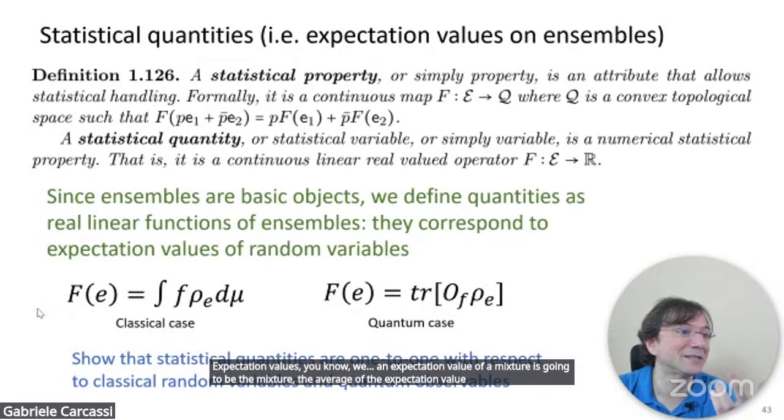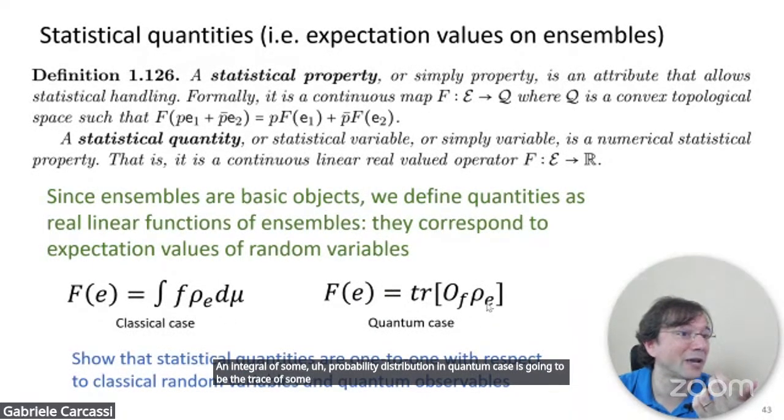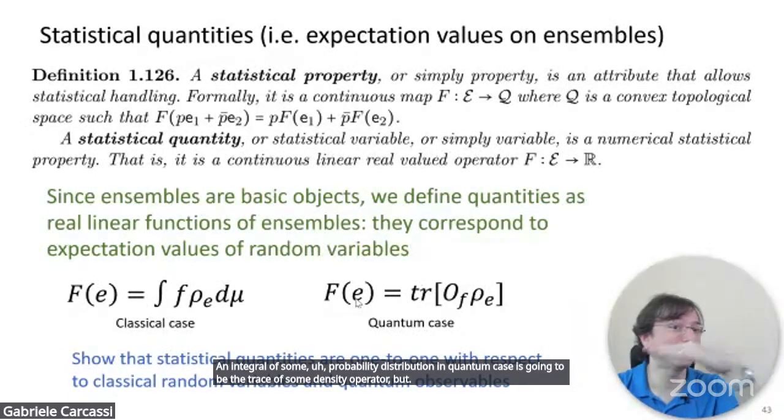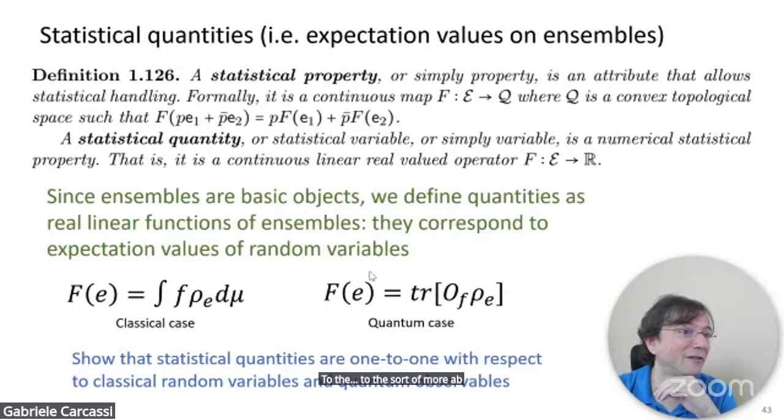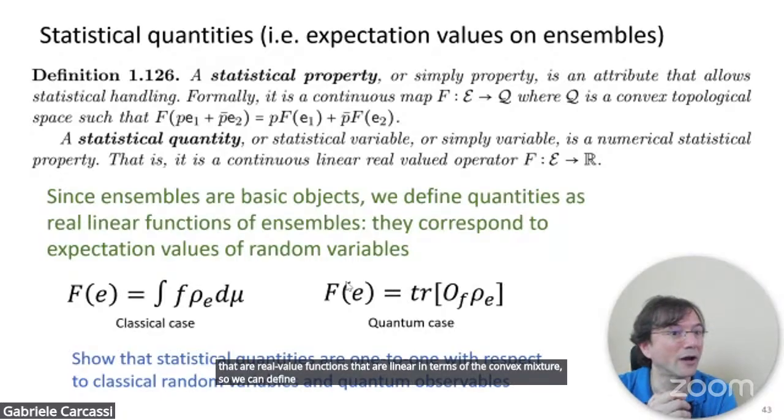And this means that classical and quantum expectation values look the same, even though they're implemented differently. In the classical case, it's going to be an integral against some probability distribution. In the quantum case, it's going to be the trace with some density operator. But at the more abstract level, these are just linear operations, real-valued functions that are linear in terms of the convex mixture. So we can define these in a more abstract way.